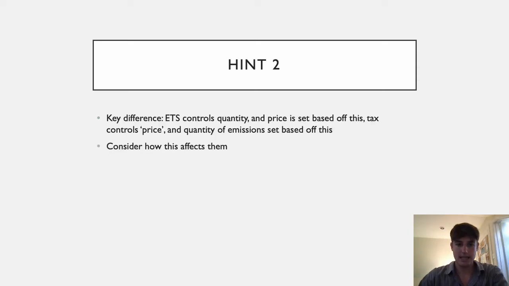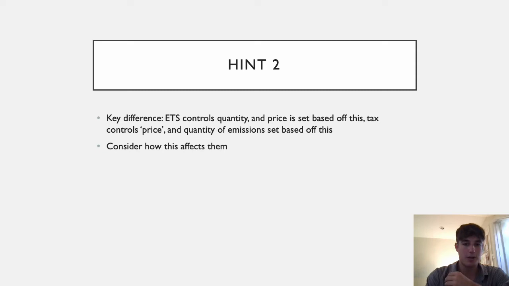Right, my second hint is the key difference between these two things is that the EU emissions trading scheme, or just an ETS, will control quantity, right? It's the government saying you can only emit 100 million tonnes of carbon. And then the price for per unit quantity is based off this.